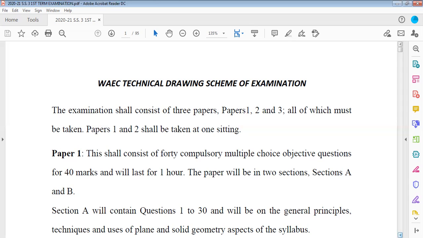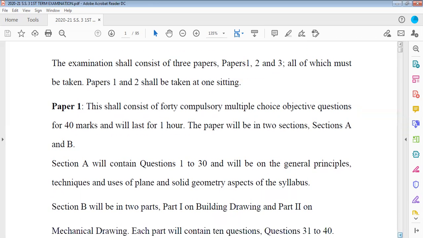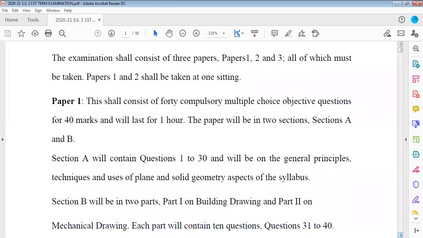Paper 1 is divided into 2 sections, section A and section B. Section A consists of 30 questions, question 1 to 30, on general principles and techniques or uses of plane and solid geometry aspect of the syllabus, as you can see on the screen.